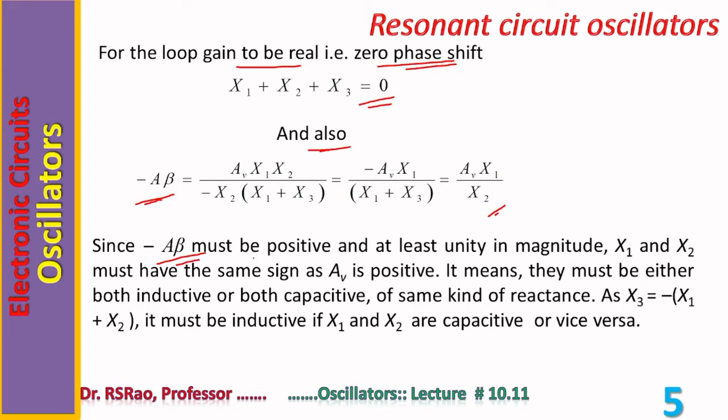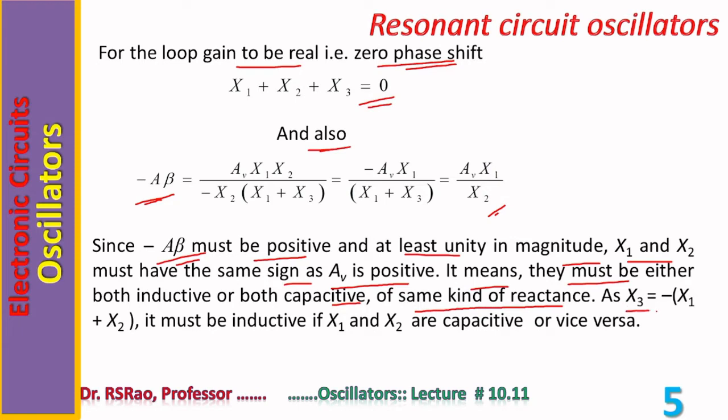Since minus A beta must be positive and at least unity in magnitude, X1 and X2 must have the same sign. It means they must be either both inductive or both capacitive, the same kind of reactance.